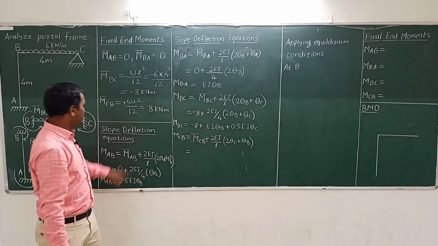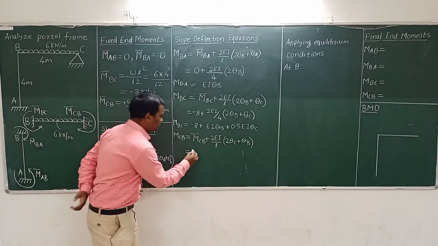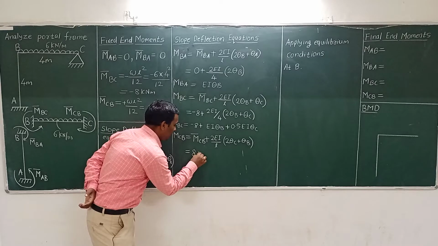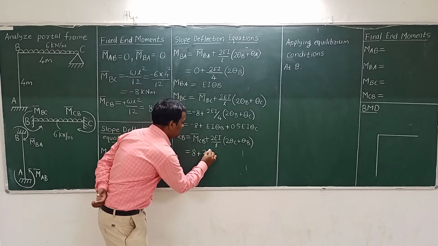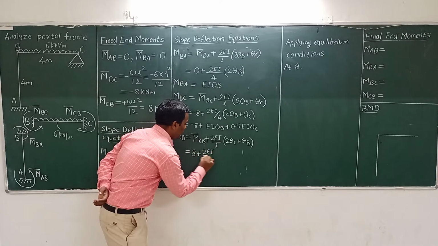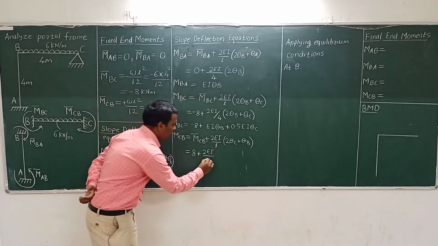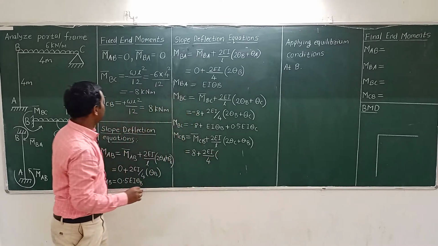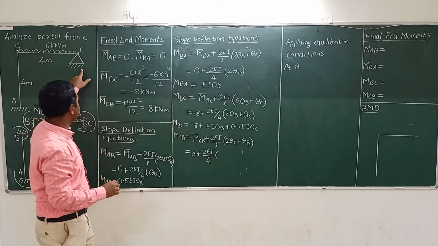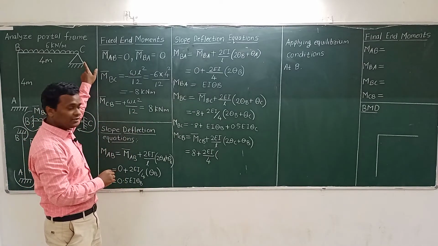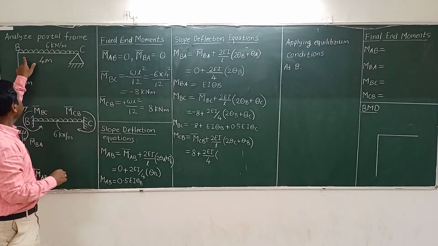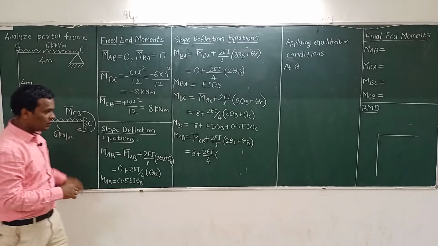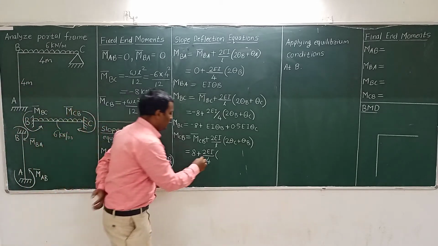Now let us put in all the values. M bar CB is plus 8, so plus 8 plus twice EI upon, again the length is the same, that is 4, inside the bracket. Here in this case also theta C is possible, as we already discussed that it is a hinge support and this is a rigid joint. So at both joints the rotation is possible.